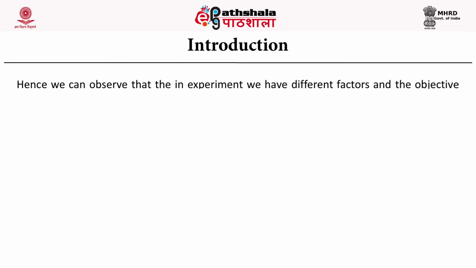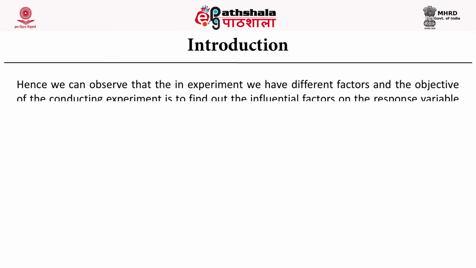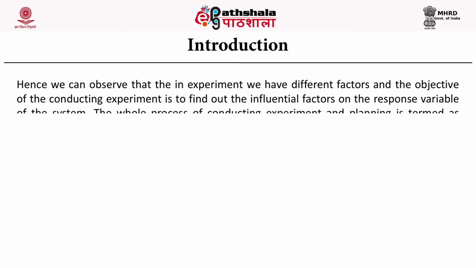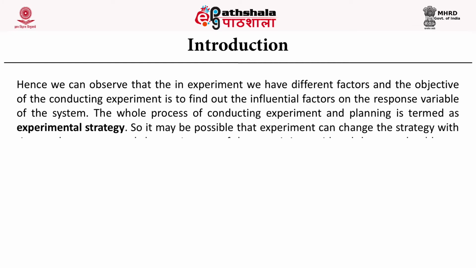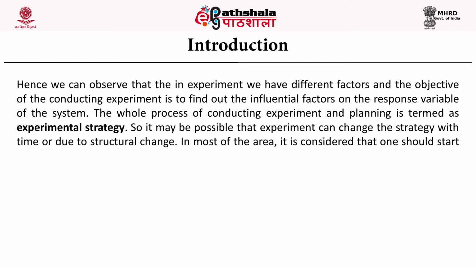Hence, we can observe that in an experiment we have different factors, and the objective of conducting the experiment is to find out the influential factors on the response variable of the system. The whole process of conducting an experiment and planning is termed as experiment strategy.